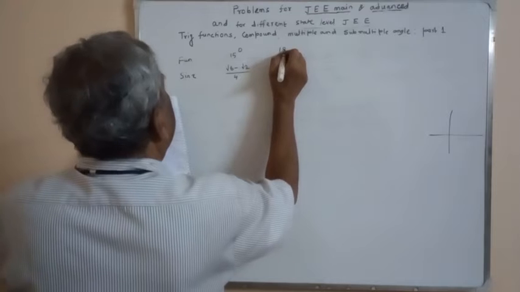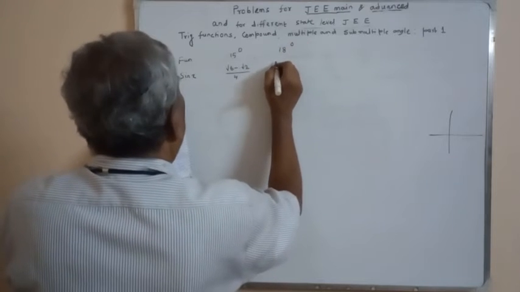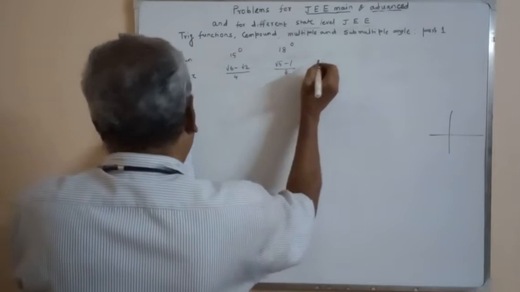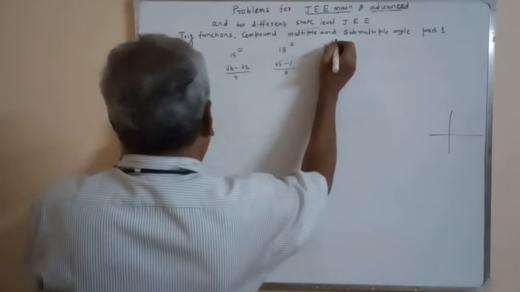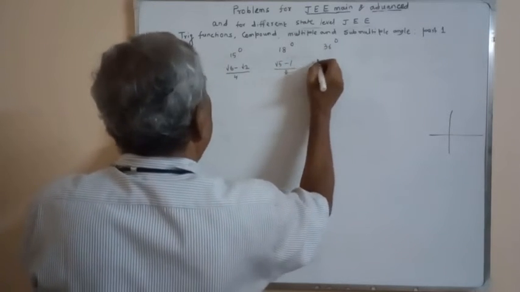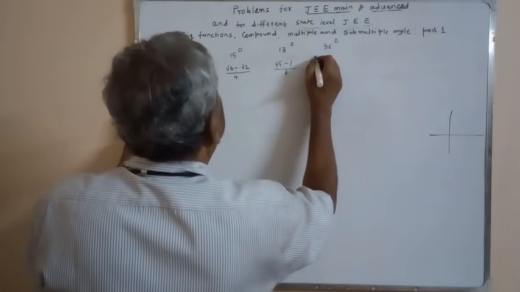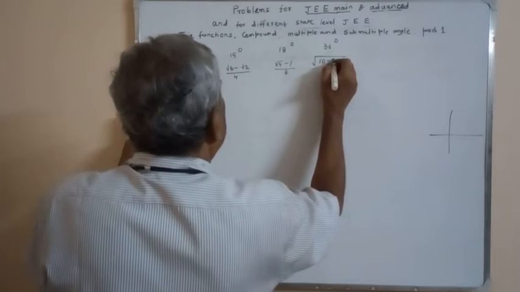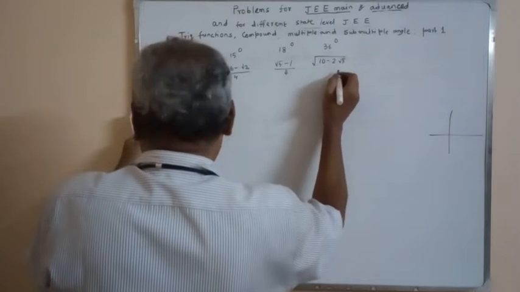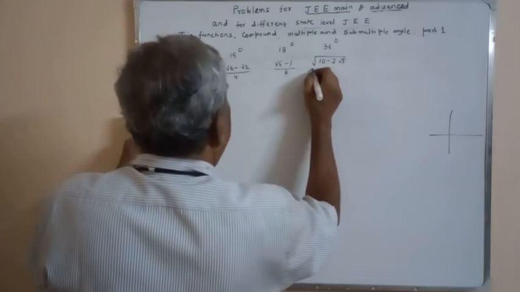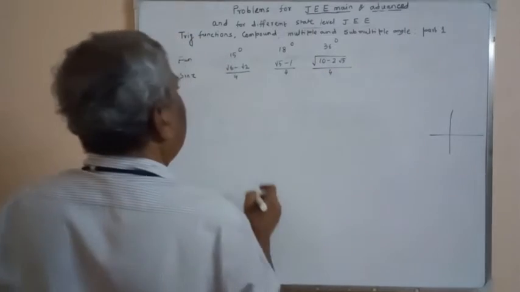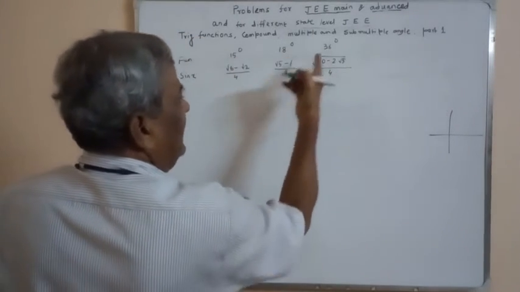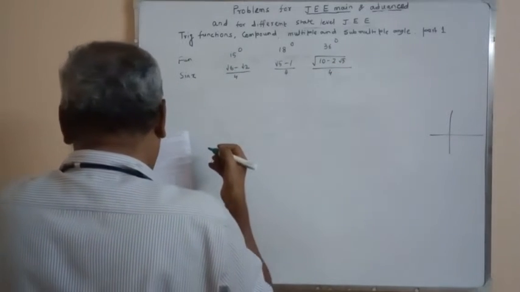At 18 degree, root 5 minus 1 by 4. At 36 degree, it is root over of 10 minus 2 root 5 by 4. These are the values of sin x at 15 degree, 18 degree, and 36 degree.